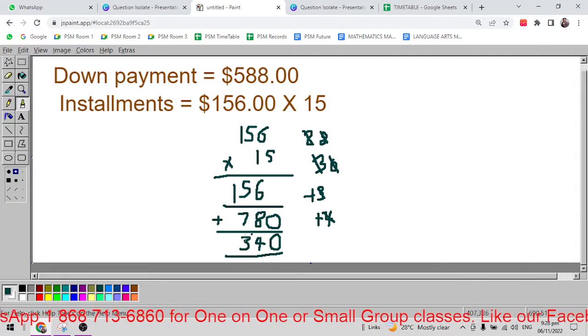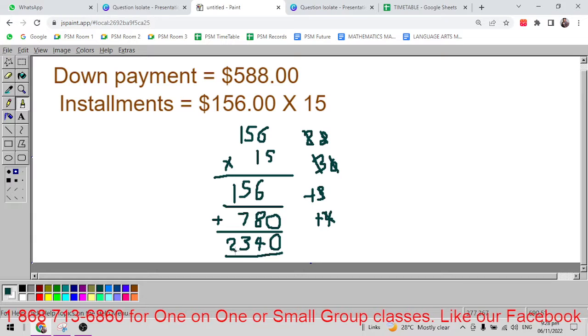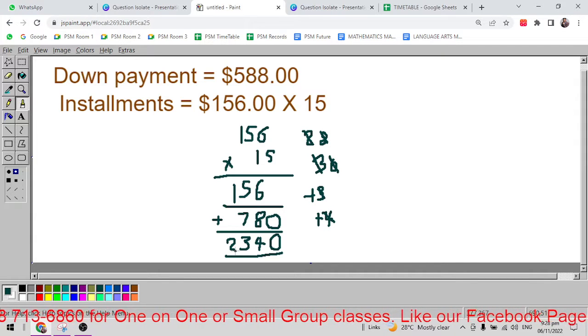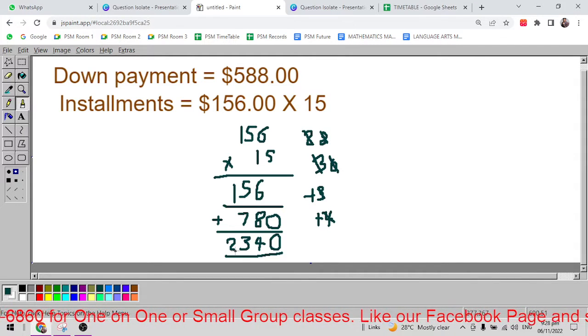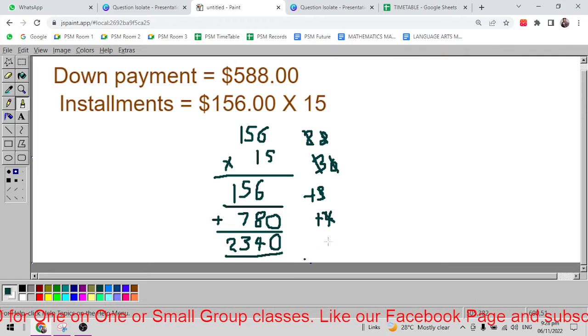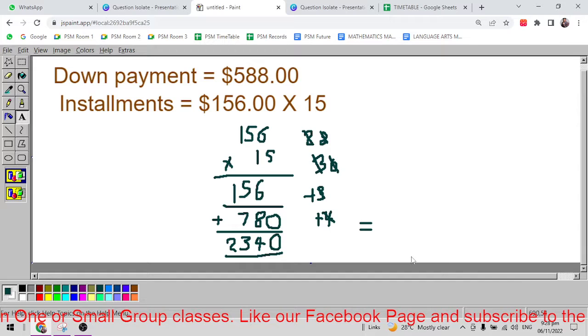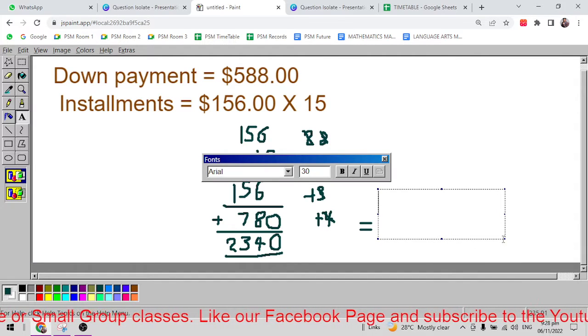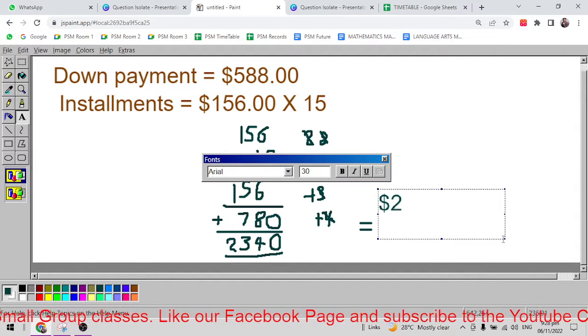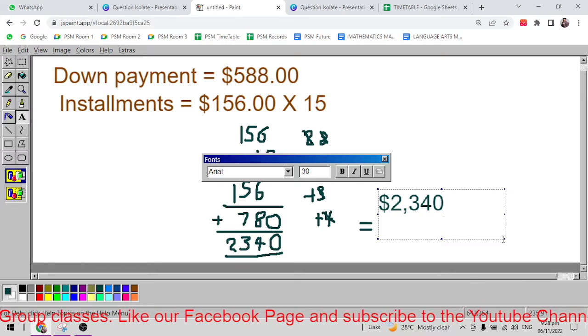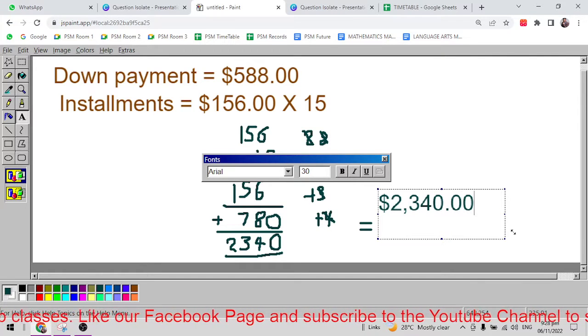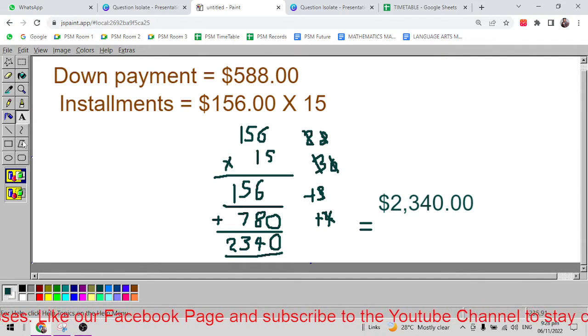And 1 and nothing is 2. Right? So the amount that he had to pay for installments would be $2,340. So I can write that up there.